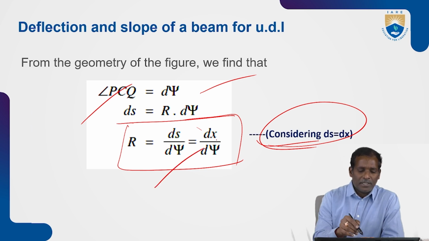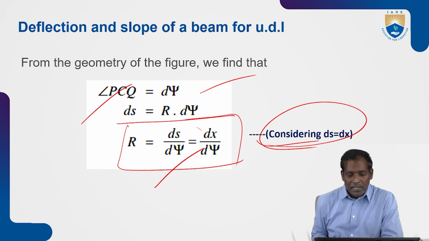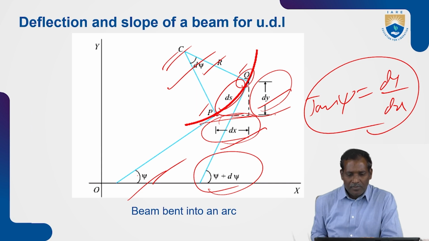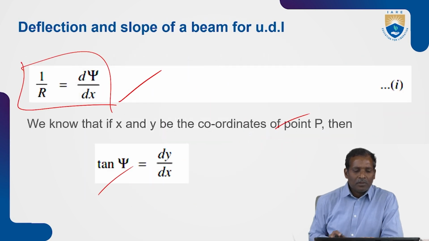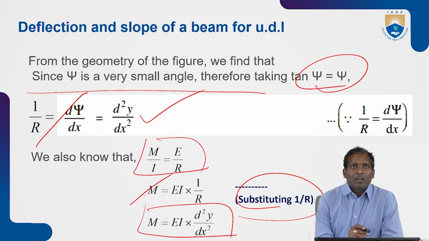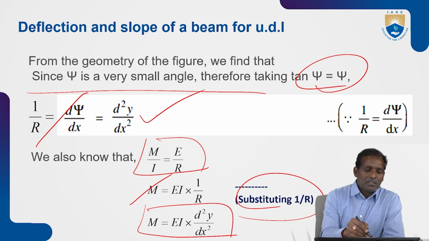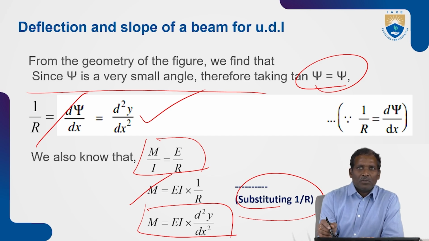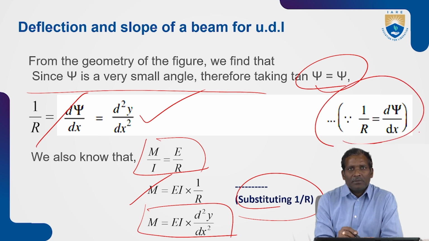Here r is equal to ds by d psi or dx by d psi. Now tan psi is equal to dy by dx, and from the geometry psi is a very small angle. So you can write 1 by r is equal to d square y by dx square, and 1 by r is equal to d psi by dx.